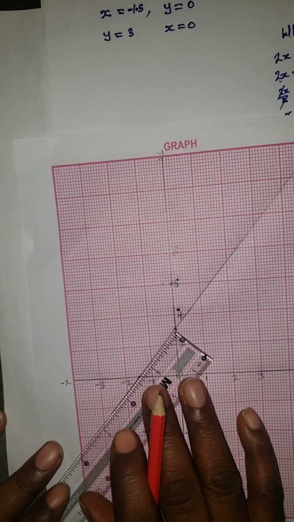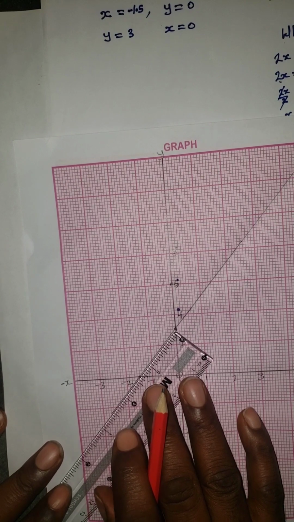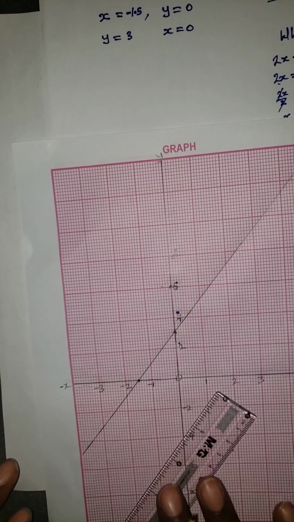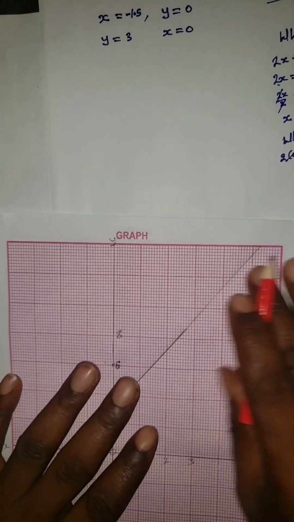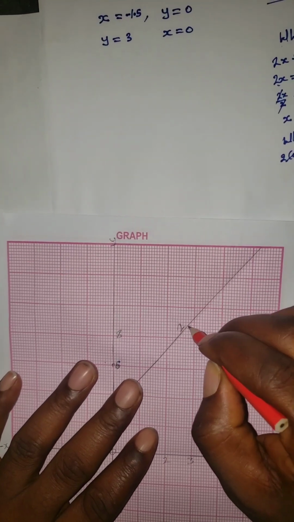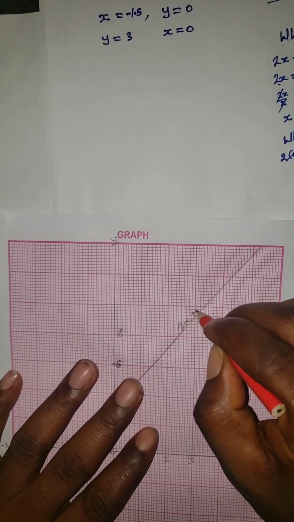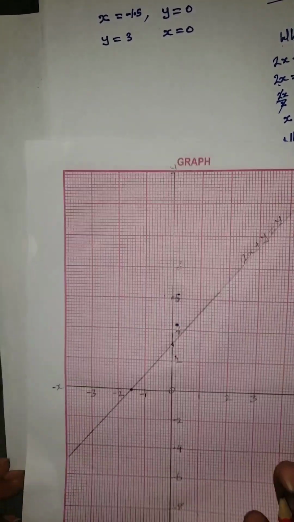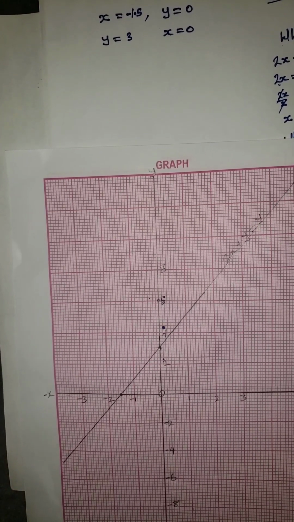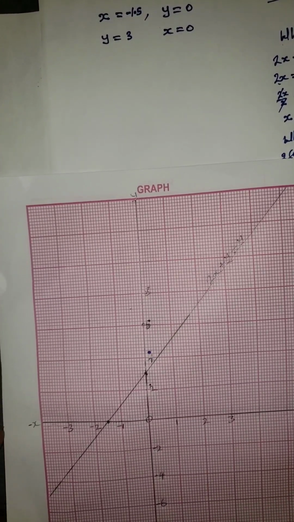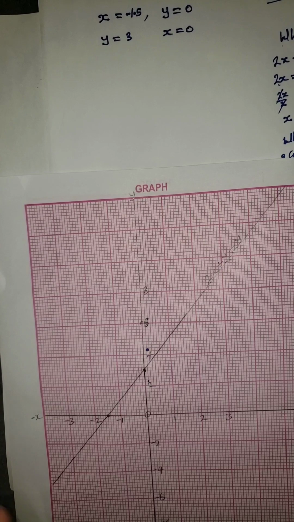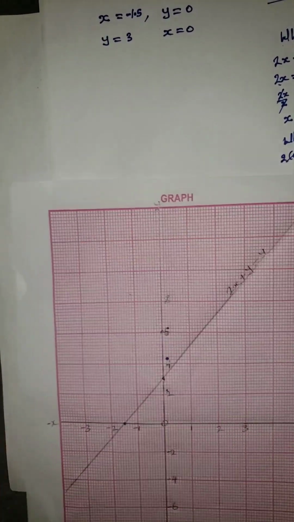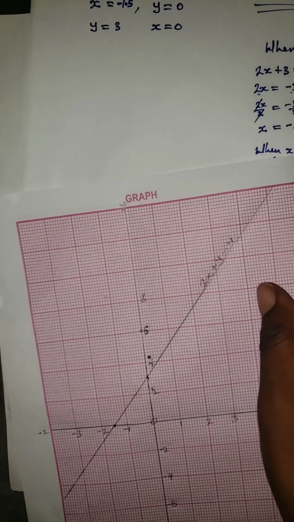Okay, so you can see my straight line. Like I said before, it's always good to write your equation on the line so you can see what we have now. Okay, so I'm going to show you the two graphs so that you can see it very well and see that they are actually the same using the two methods.